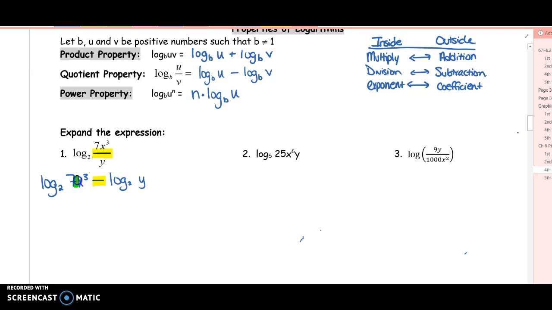Next I'm going to notice the multiplication between the 7 and the x to the third. So that first log base 2 of 7x to the third splits into log base 2 of 7 plus log base 2 of x to the third. And then we still have minus log base 2 of y.